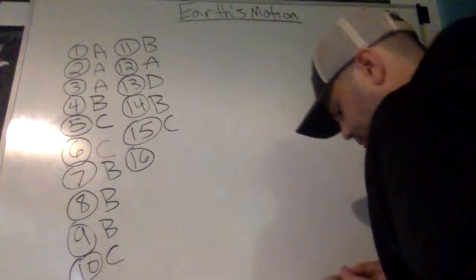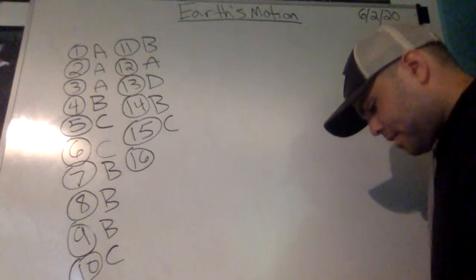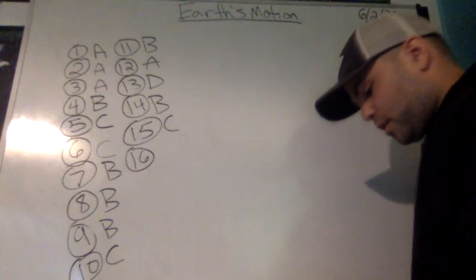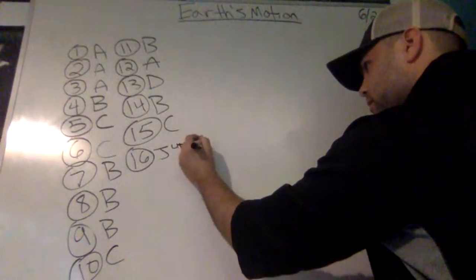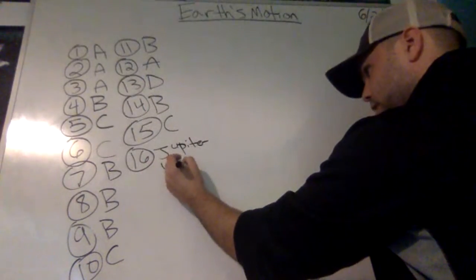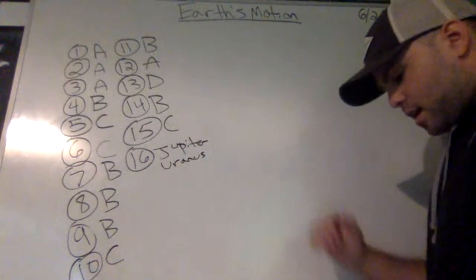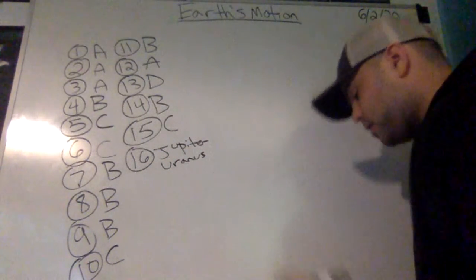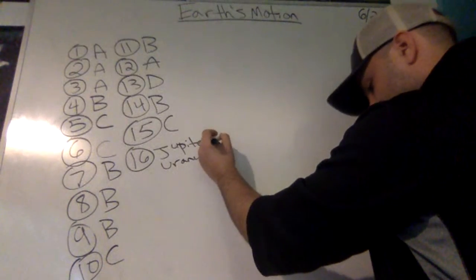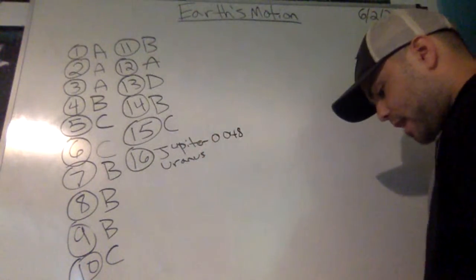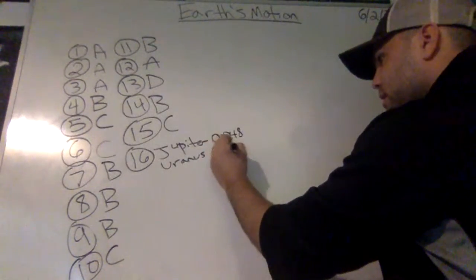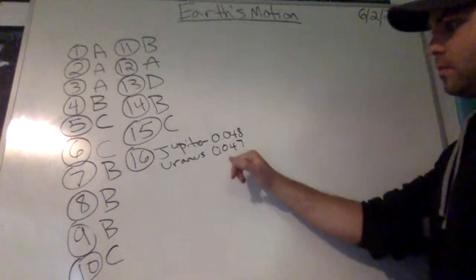So for this, if you look at them, it's going to be Jupiter and Uranus, okay? Because Jupiter, if you look, has an orbit of 0.048, and then Uranus has 0.047, okay?